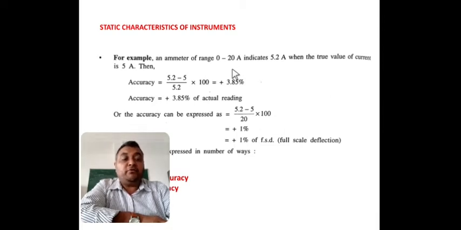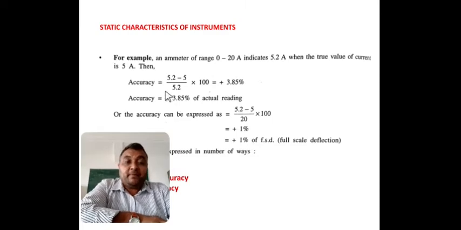Now when you apply the equation, accuracy is equal to what? The accuracy that we are taking as the scale reading. The scale reading here is the ammeter of range 0 to 20 ampere indicating 5.2 ampere, so 5.2 ampere is your scale reading. And this minus 5 stands for what? That is the true value.